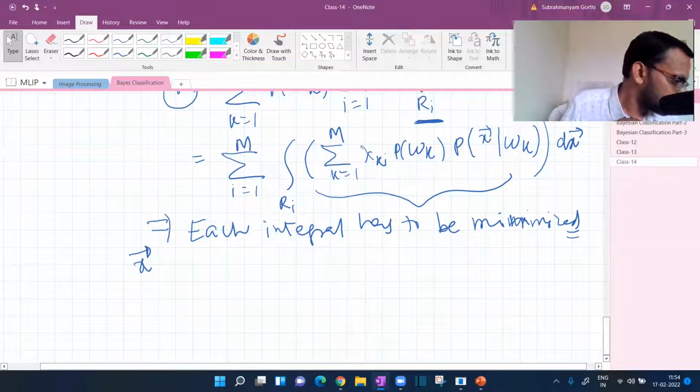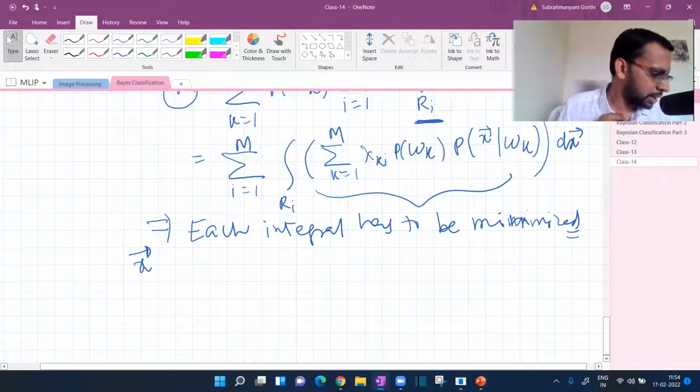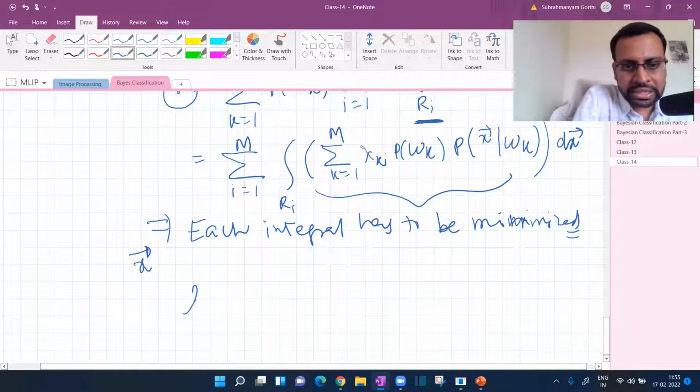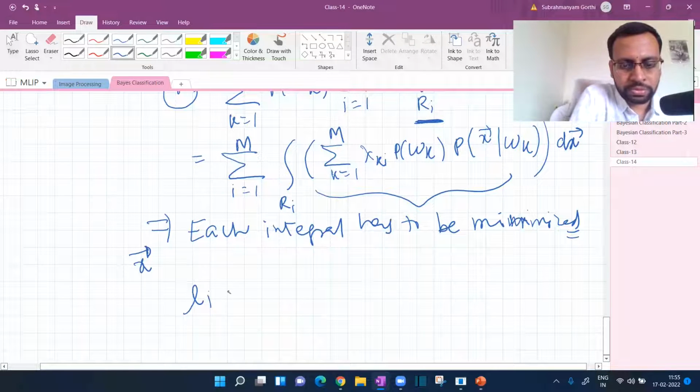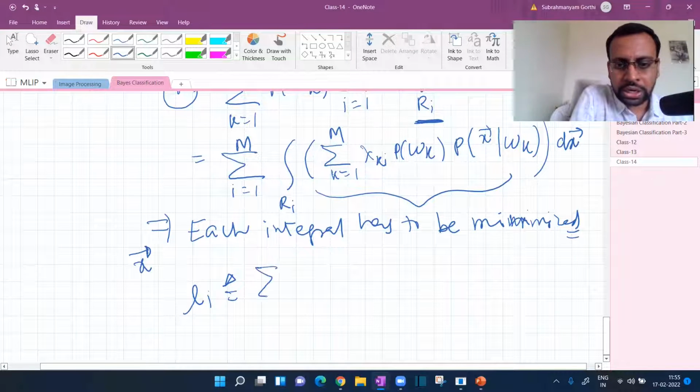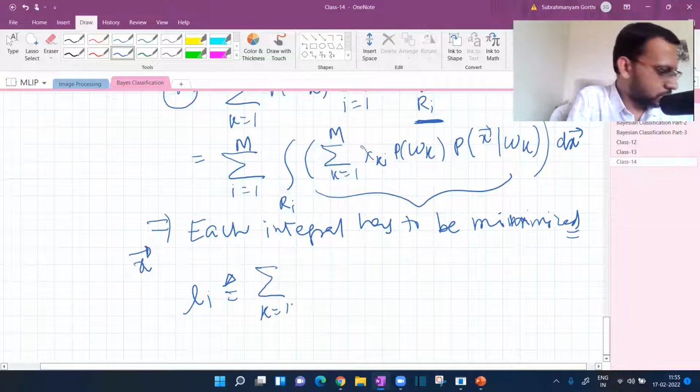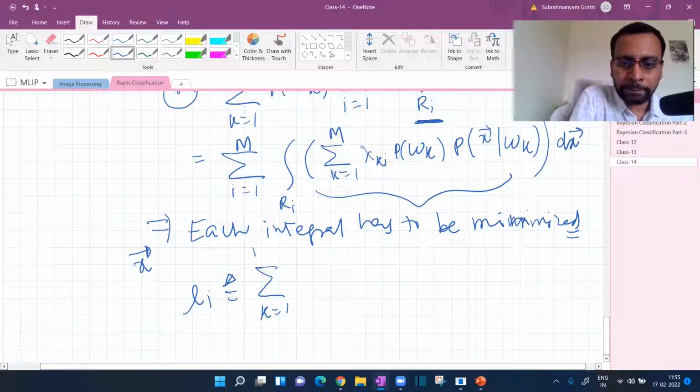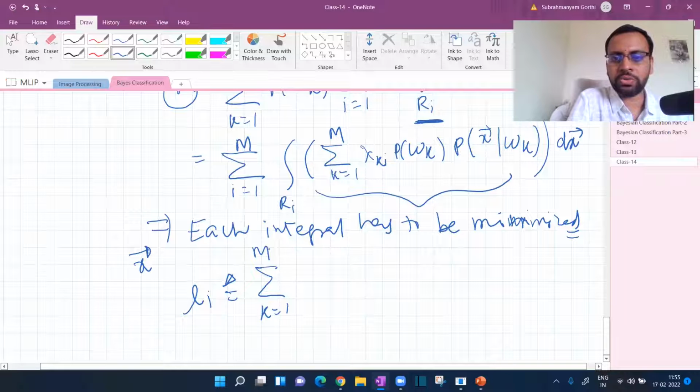So select the partitioning such that, let us call it Li. By that I mean you compute here k equal to 1 to m.